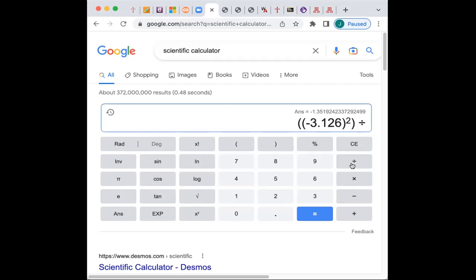Divided by, and then we're going to do how many brackets? You did 4 brackets. 1, 2, 3, 4. And we had negative 3.126.